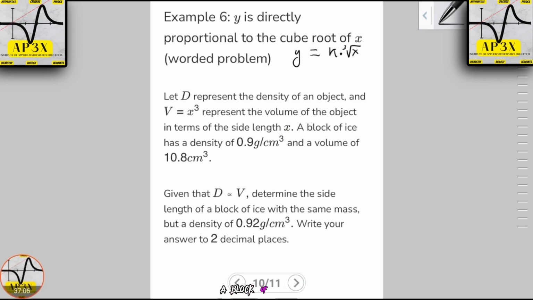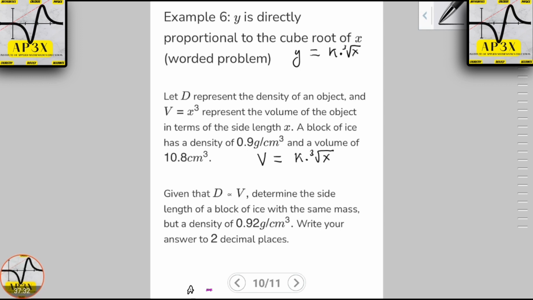Okay, so a block of ice has a density. Let's first write the formula. So V is equal to the k multiplied by the cube root of x, because that's what they said. Alright, beautiful.